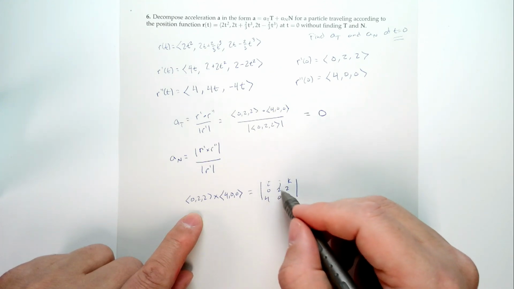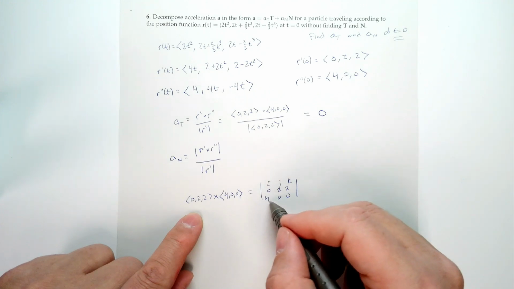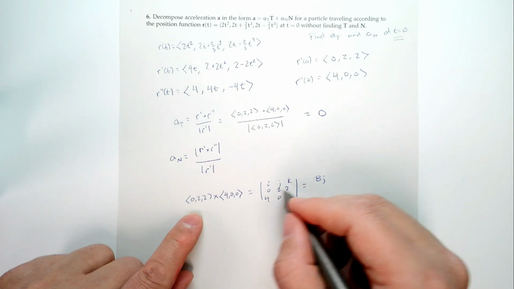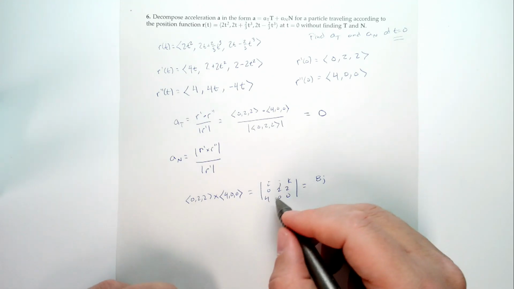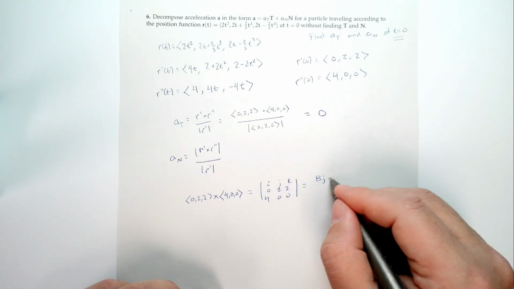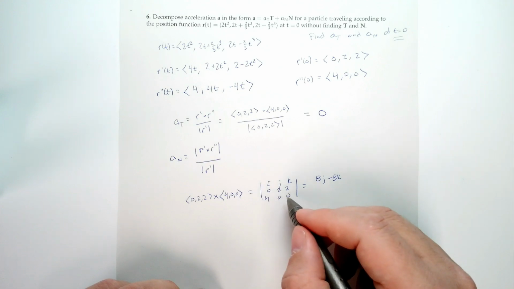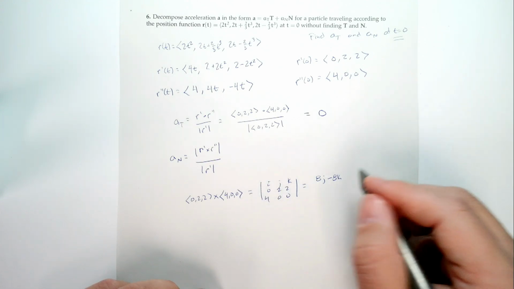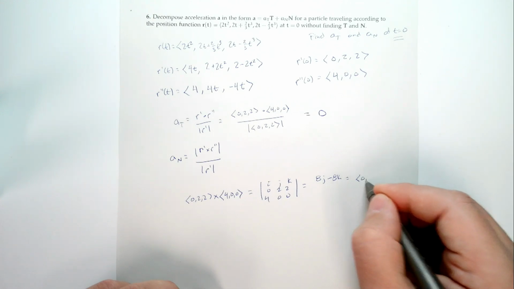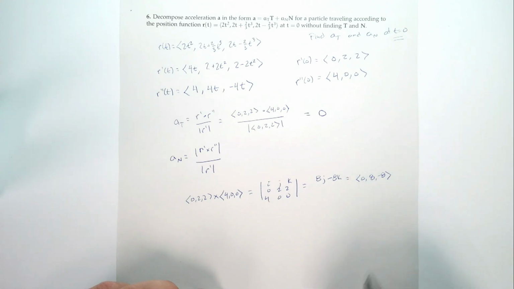Well, i times 2 times 0 is 0, j times 2 times 4, that would be 8j. k times 0 times 0 is 0. 4, 2, and k, that's 8k. But subtract, so minus 8k. 0, 2, i, that's 0. 0, 0j is 0. All right. So we end up with 0, comma, 8, comma, negative 8.